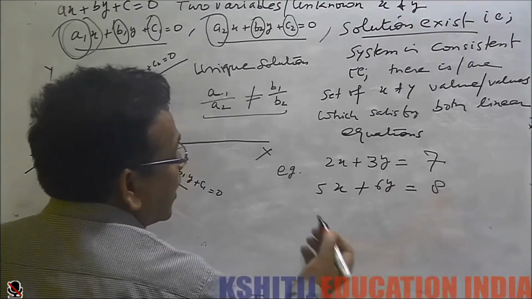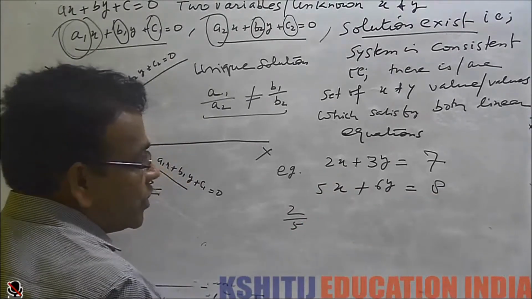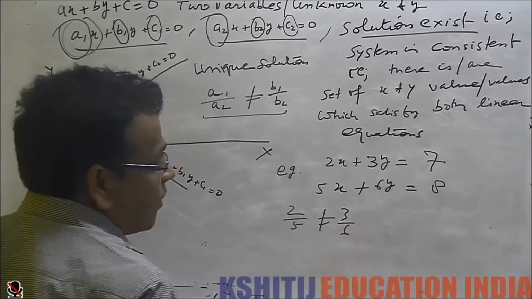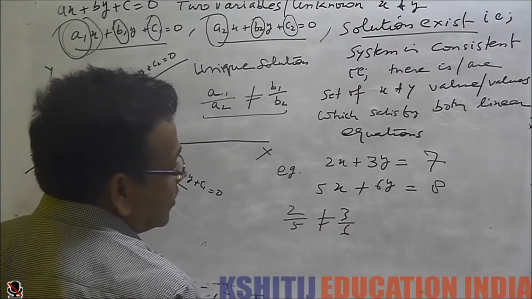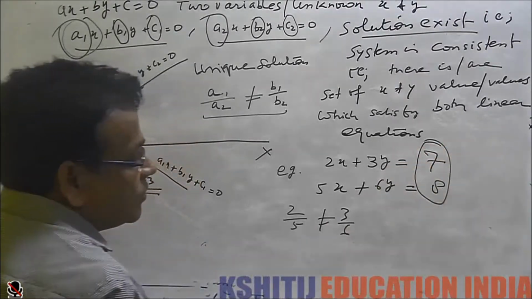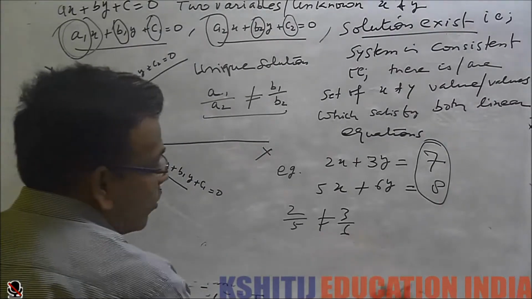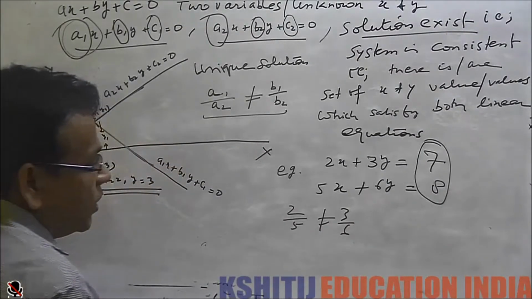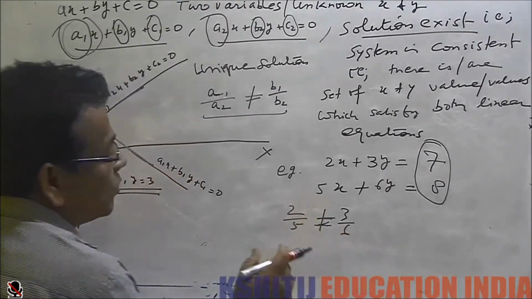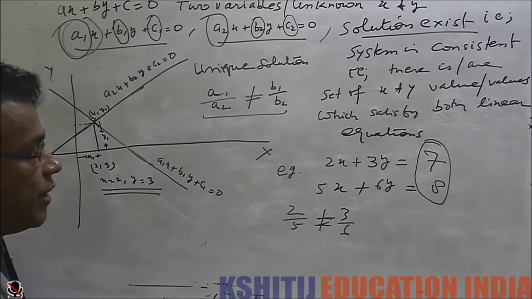So look at this, 2 over 5, the ratio of the coefficient of x, is not equal to 3 by 6, which is 1 by 2. For this we do not bother whether the constants are equal or not. But this is the condition: the ratio of the coefficients of x should not be equal to the ratio of the coefficients of y.